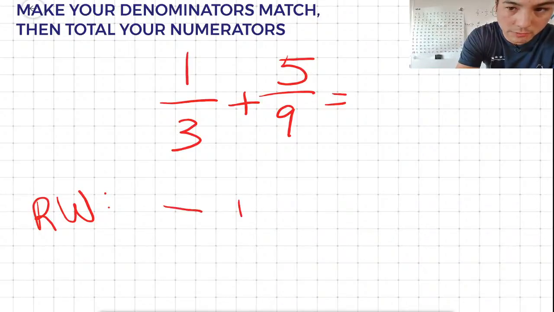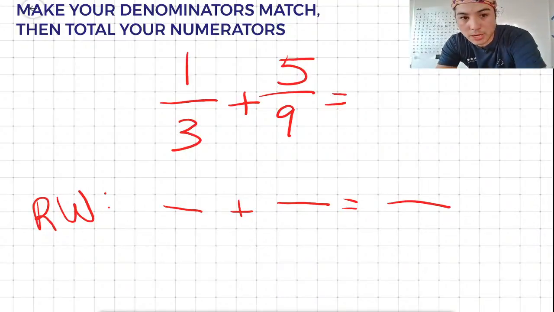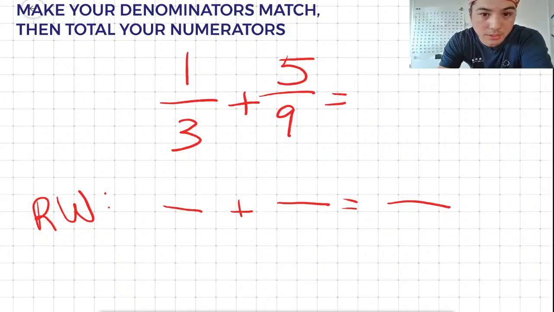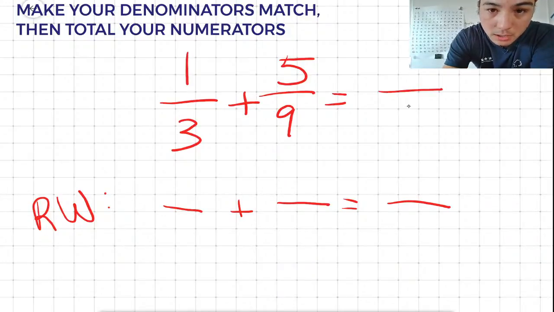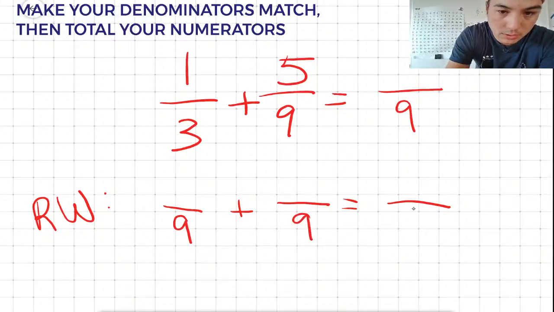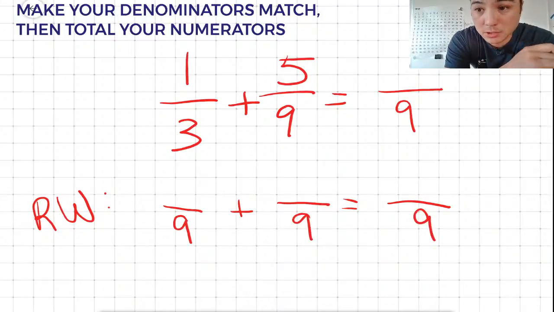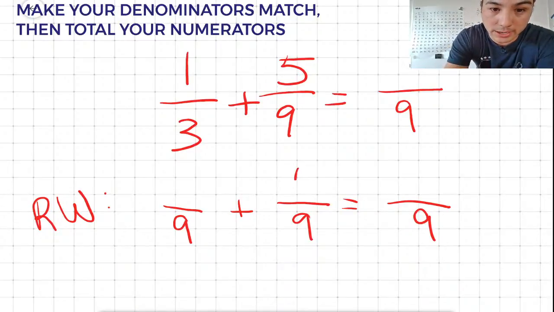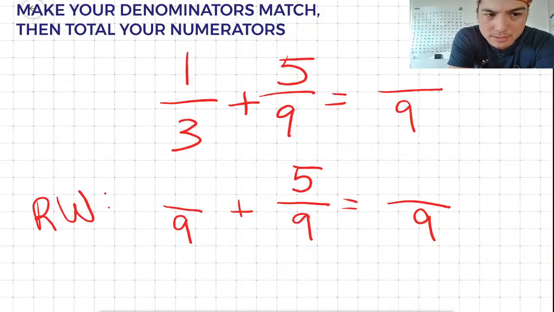Okay, and many of you caught on already, but 3 goes equally into 9. 9 is a multiple of 3, so our answer can be in 9ths. And the nice thing about this one is we don't have to do anything with 5/9 because it's already in 9ths. Half our work is done. All we need to do is figure out how many 9ths 1/3 equals.